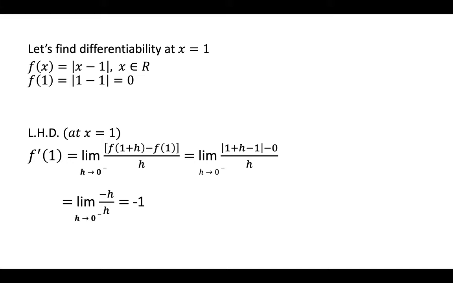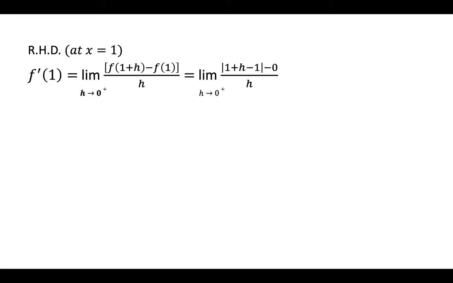This equal to limit h tends to 0 negative, modulus h upon h. As it is going left to 0, so limit h tends to 0 negative, minus h upon h equal to minus 1.